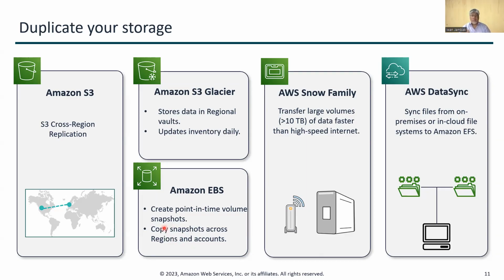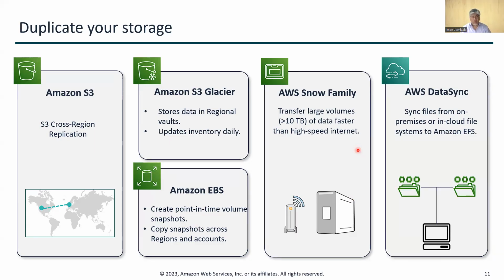You cannot just replicate or duplicate like in Amazon S3, but for EBS you capture a snapshot of your volume at a point in time, and you copy the snapshot across regions, for instance putting the snapshot in S3 in a different region.